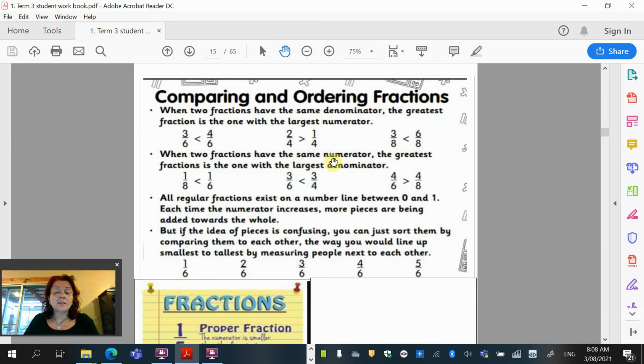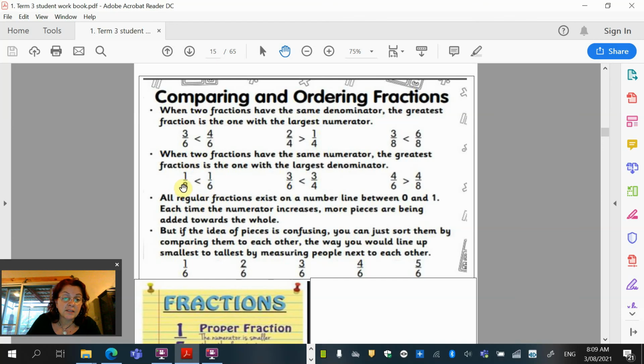When 2 fractions have the same numerator, the greatest fraction is the one with the largest denominator. So here the top numbers are the same, but the denominators are different. So the greatest fraction is the one with the largest denominator. So 1/8 is less than 1/6, because in fractions, the more you slice something up means the smaller the fraction.